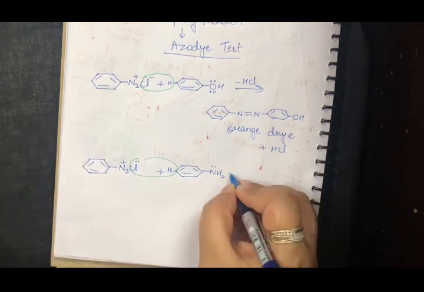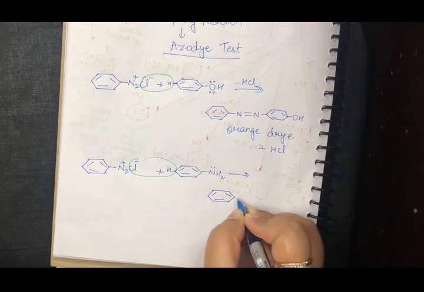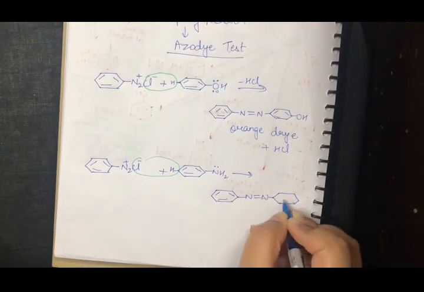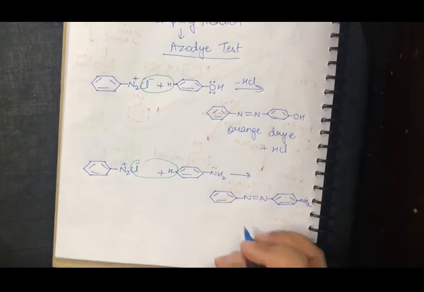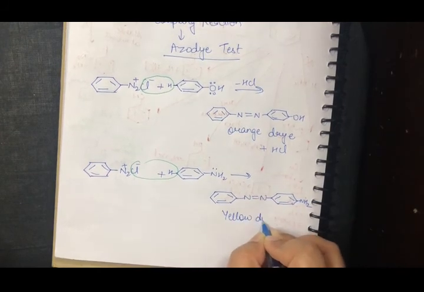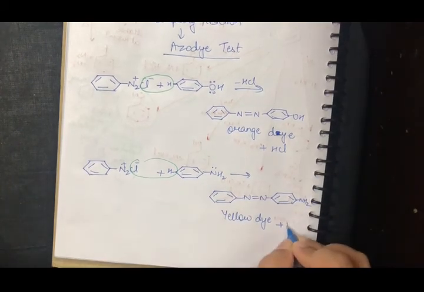This HCl would go and it will give me one more azo dye. This time it is going to be like this, and it is going to be yellow in color. Sorry, it is a yellow dye along with elimination of HCl.